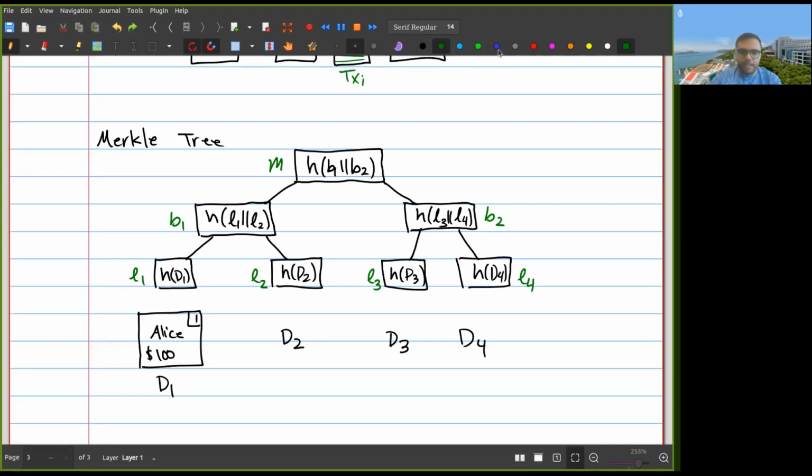So let's say that as the Hong Kong branch, I've already sent this value M to the Shanghai branch, but the Shanghai branch only knows M. What should I give to Alice so that she's able to prove that she made this deposit D1?